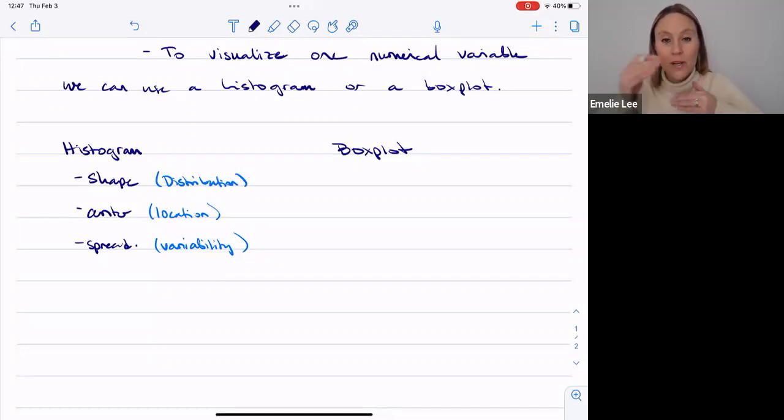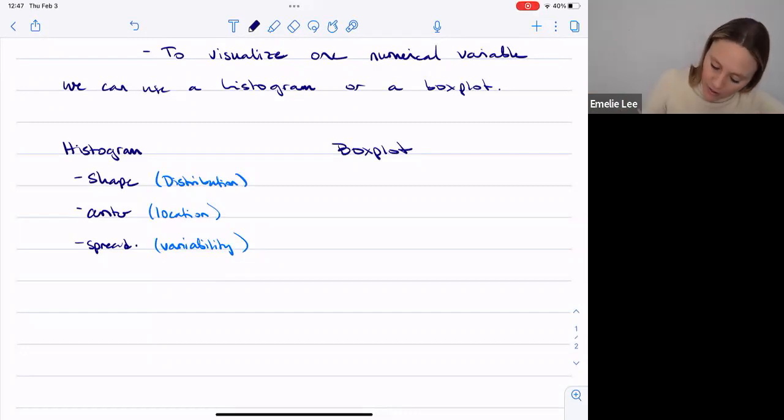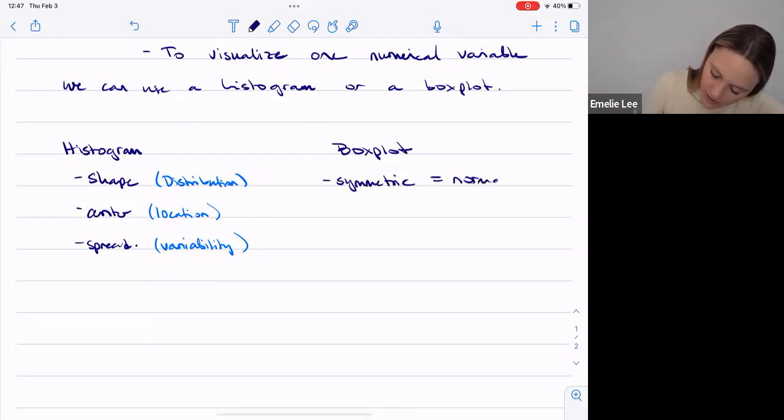If the box plot is symmetric, then you can often say that you have a normal distribution, or usually I'll say that.